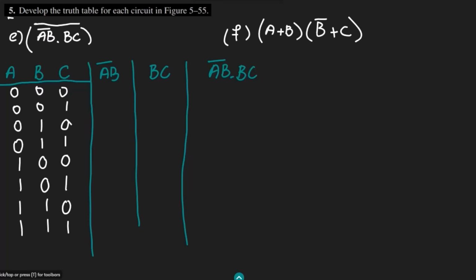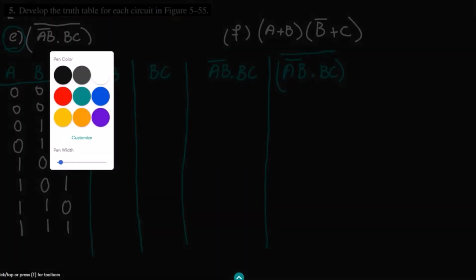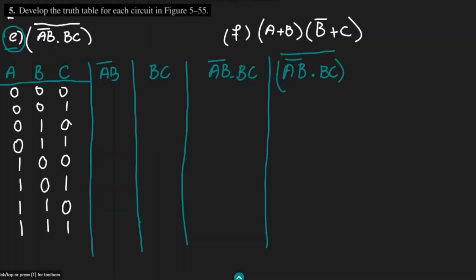Then I have to write AB complement dot BC and the whole complement of it. In this manner we have split our question, part E, into some parts, and it will be easier for us to tackle this question now. Now let me write different combinations of it.